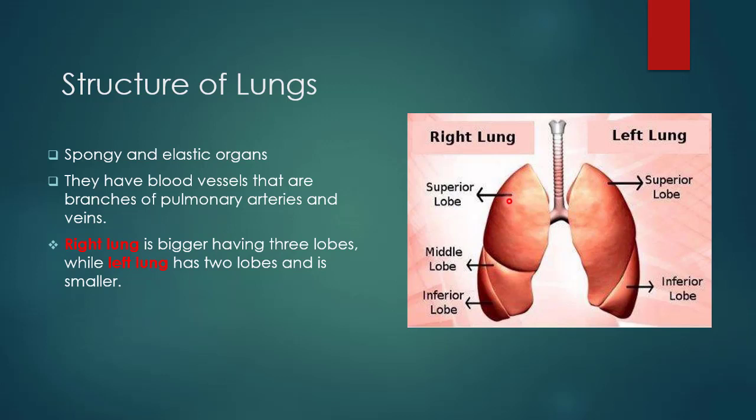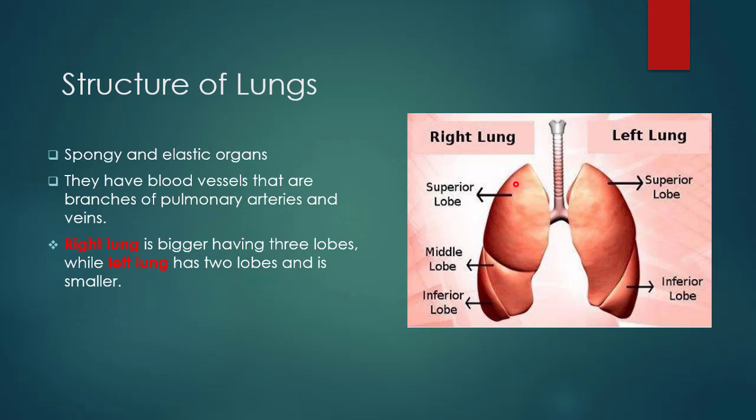The right lung has 3 lobes, while the left lung has only 2 lobes. In the right lung, you can say that this is a superior lobe, middle lobe, and inferior lobe. In the left lung, it is superior lobe and inferior lobe. So apparently, the right lung is bigger, having 3 lobes, while the left lung has 2 lobes and is smaller as compared to the right lung.